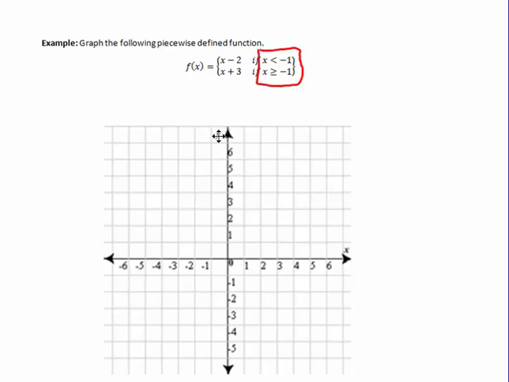Alright, so the first thing I'm going to do is establish my domain break. In other words, what is this value right here? It is -1. I want to establish where my domain is broken. And so here at -1, I'm going to draw a better line here.